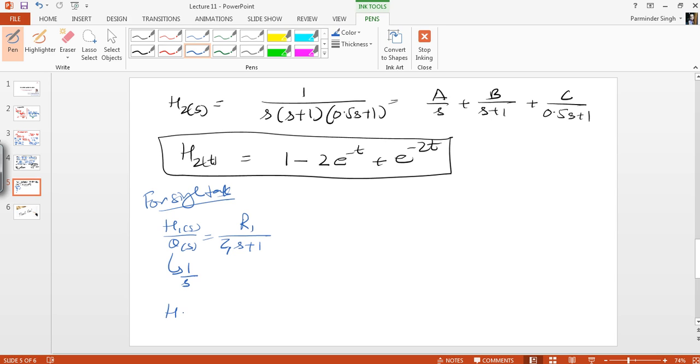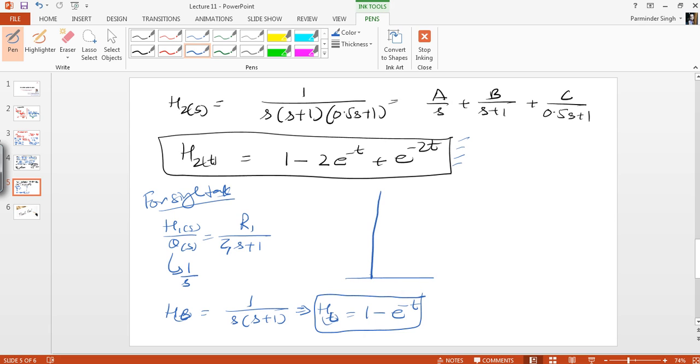So the height response H(s) will be 1 over s(s plus 1). Take the partial fractions, so H(t) comes out to be 1 minus e^(-t). Now this is the response of the single tank, and that's the response of two tanks in non-interacting series.